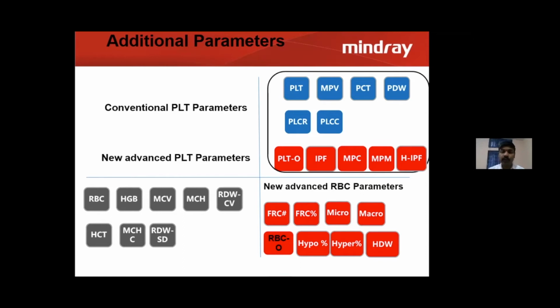The additional new parameters are MPC and MPM. This may be a little bit new for all of you. That is the mean platelet concentration and mean platelet matter content. So this will give you the activity. And we have also some additional parameters on the RBC, that is fragmented red cells, microcytic RBCs, and hyper RBCs and hypo RBCs. I will explain these parameters in the coming slides in detail.